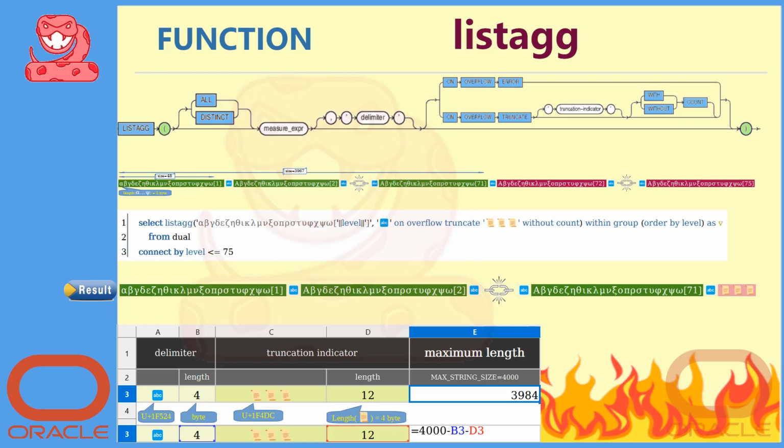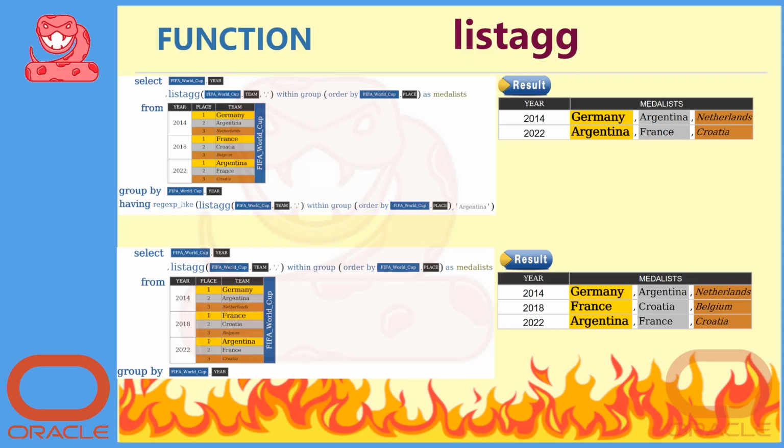If the string being aggregated causes the aggregation result to exceed the maximum allowable bytes, then the entire aggregated string and the following strings are truncated. If the on overflow truncate construction is not specified, an error will occur. You can also use LISTAGG together with the having instruction.